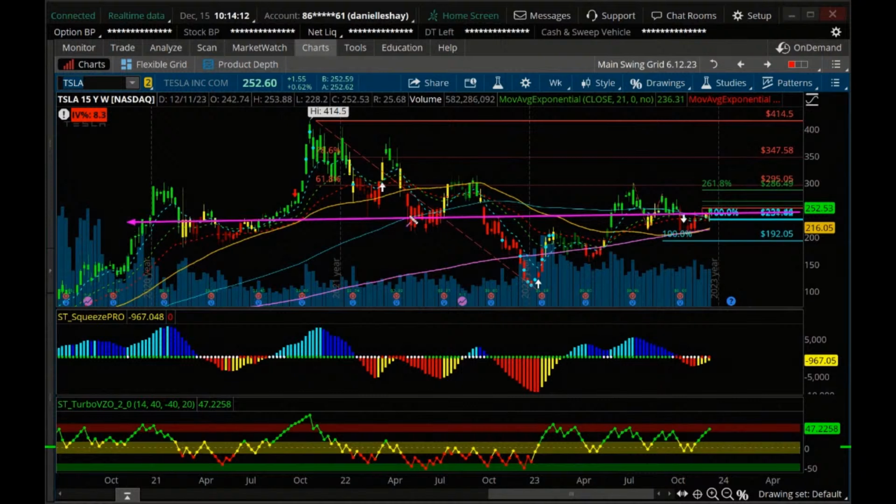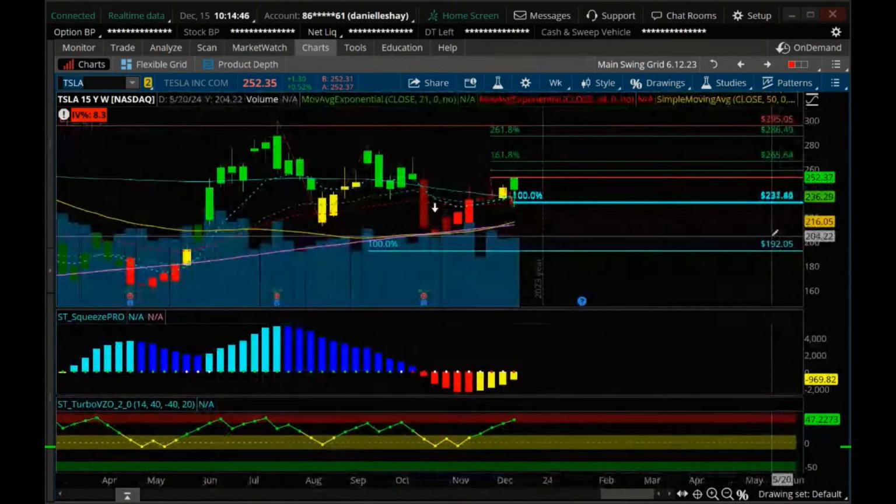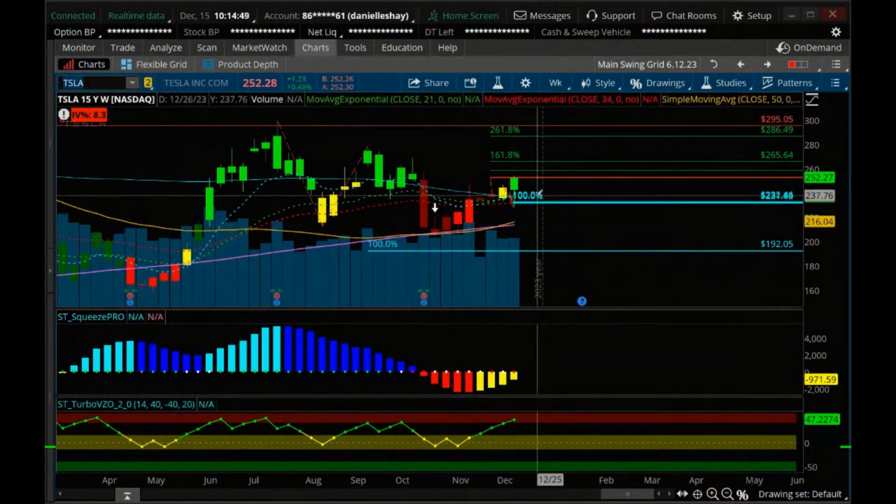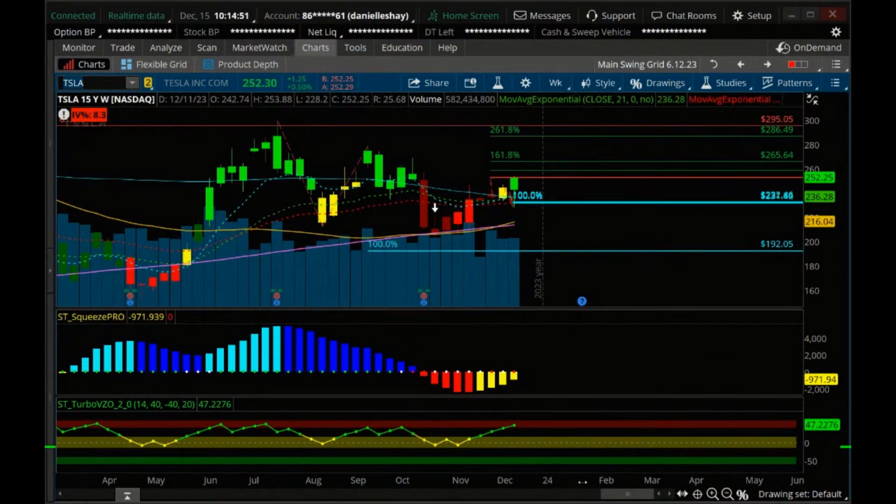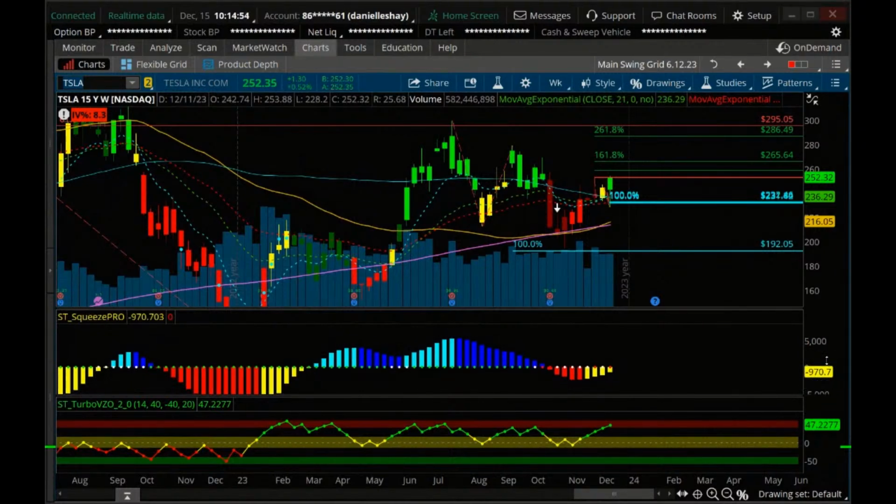You can just draw a line and you can see that it does just keep coming back to that zone at the $250 price point. So I would say just eyeballing it and looking at the number of times the price has hit this level, $250 is a sticky point. That is what I would consider a moment in time where you could look at this thing for a short dated neutral trade, which would be an iron condor.